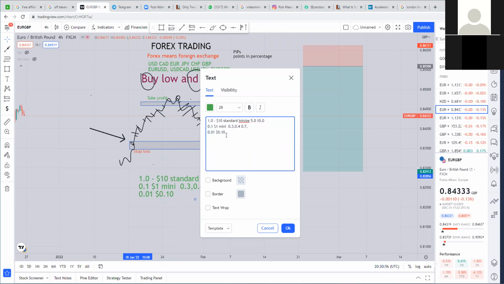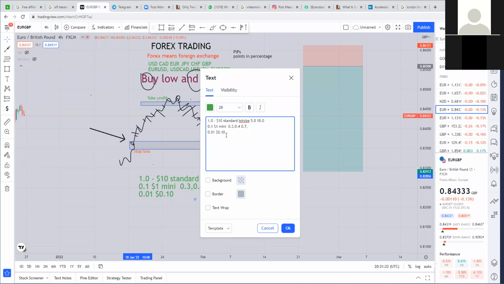But we have 0.001 in binary on Deriv for V75, I think. So what that means is that if you are using 0.01, you are trading with 10 cents per pip. The market is going to move 10 cents per pip. So you can calculate, okay, if it goes against me 20 pips, how much do I lose?